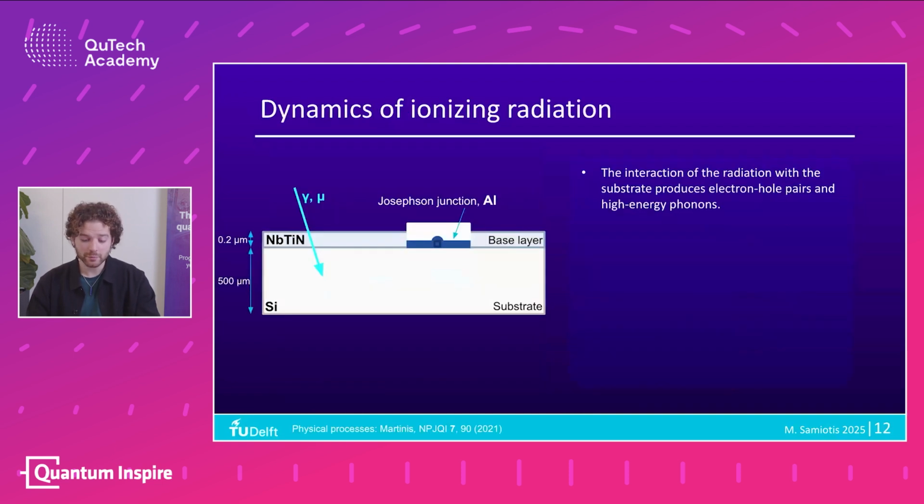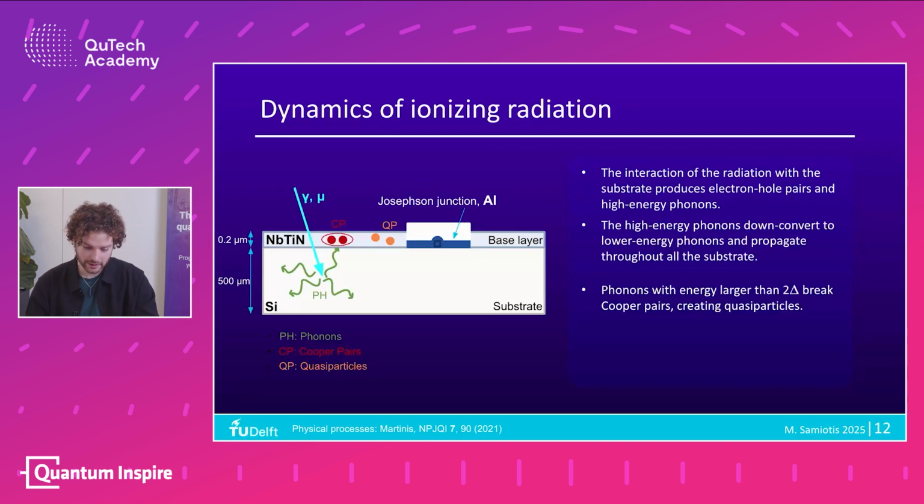How does this happen in superconducting processors? Basically, the idea is that ionizing radiation hits the substrate of our devices, and then there's a creation of phonons that propagate through the substrate, and if those interact with the Cooper pairs that make the superconducting state of the qubit, they can break them, and then they can create quasi-particles.